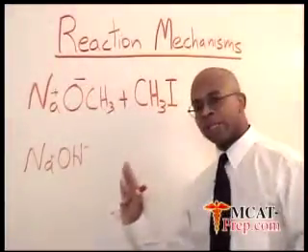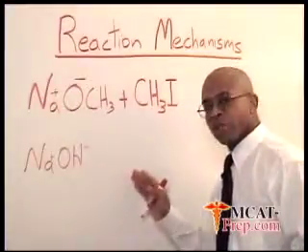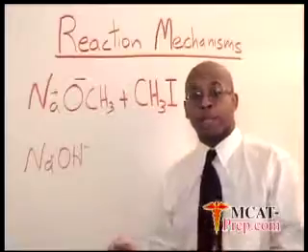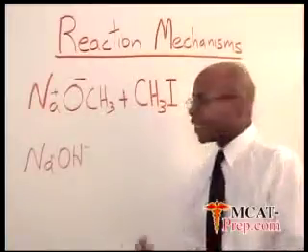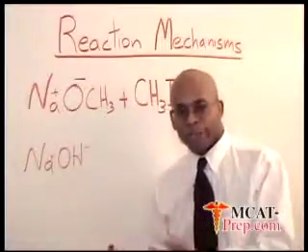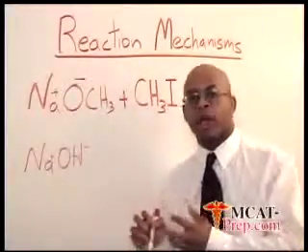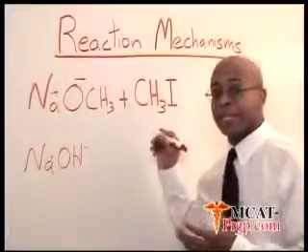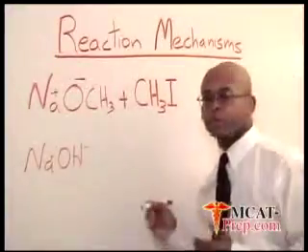Carbon is to the left, iodine is to the right, and therefore iodine has more electronegativity, meaning that when the atom is in a molecular environment, it has a greater pull on electrons. So iodine is going to be a little bit negatively charged because it's pulling electrons to itself.